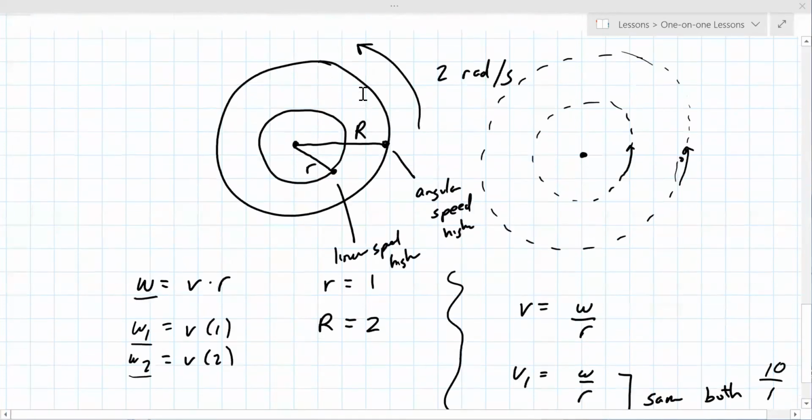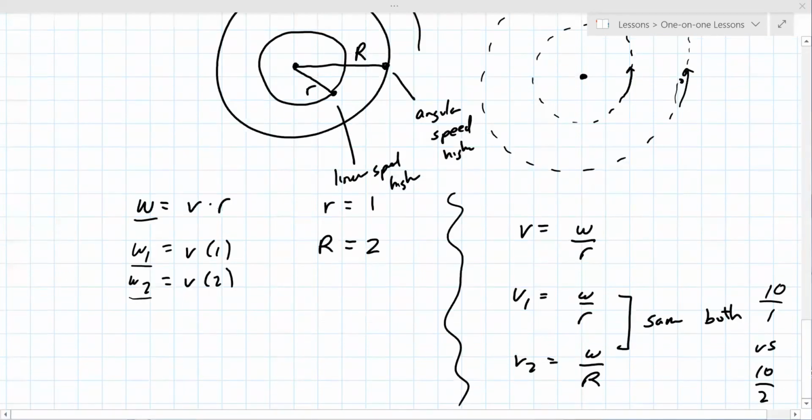Well, it's the same wheel, just different places on the wheel. Oh, so the one farther away. Yes, the one further away has the higher angular speed because there's more distance to cover. But if they have the same angular speed, then you have a higher linear speed in the middle. Okay. All right.